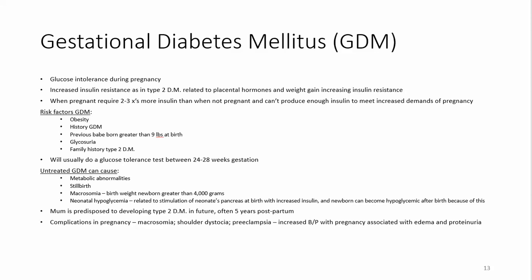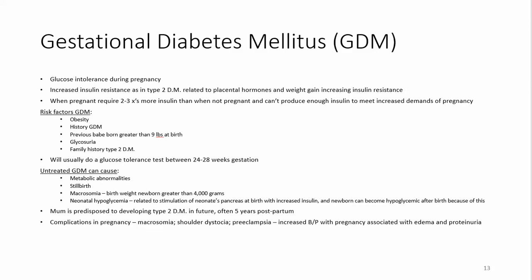Macrosomia is probably the biggest thing, which really just means big body, because you can imagine what the baby is going to do with all of this extra sugar that's coming through the placenta. The baby is growing, so it's going to be releasing insulin, and insulin mimics growth hormone, so babies get really big.